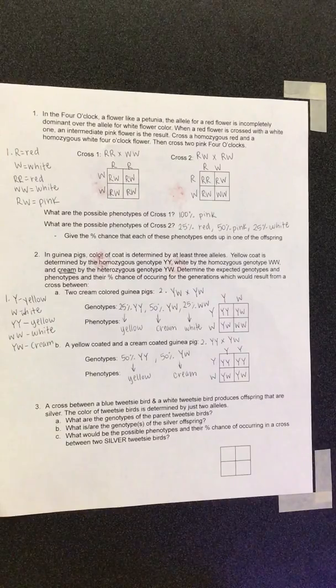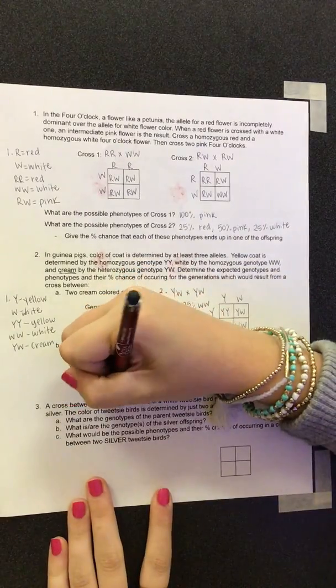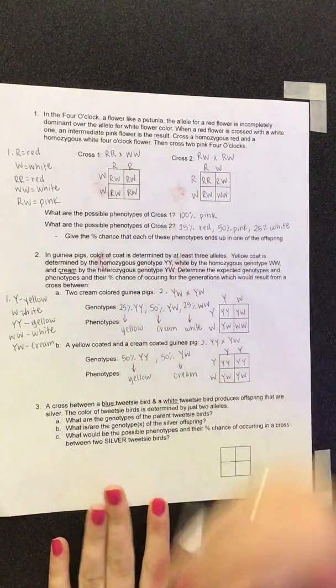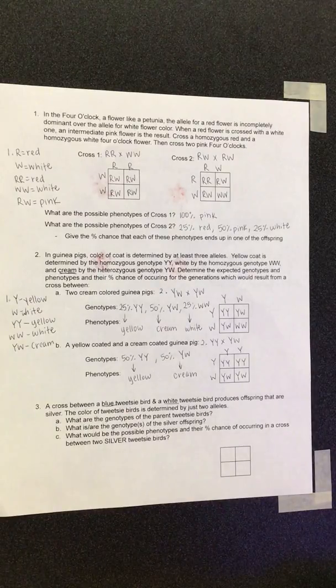Number 3 is crossing a blue Tweetsie bird and a white Tweetsie bird. So blue is one of my phenotypes and white is one of my phenotypes. And the question tells me that the cross between a blue Tweetsie bird and a white Tweetsie bird produces offspring that are silver.